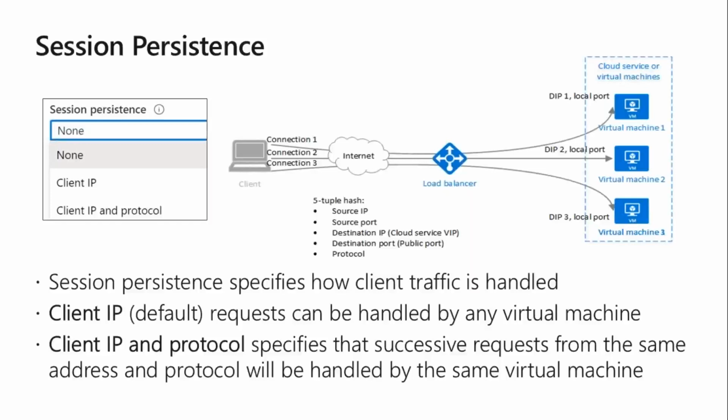Now, session persistency can be configured using the client IP, no matter what type of request it is. Any request coming from the same client IP address will be forwarded to the same VM running behind. Or you can use client IP and protocol. So if Sujit's machine is sending a request for HTTP or HTTPS, then VM1 is always responding.